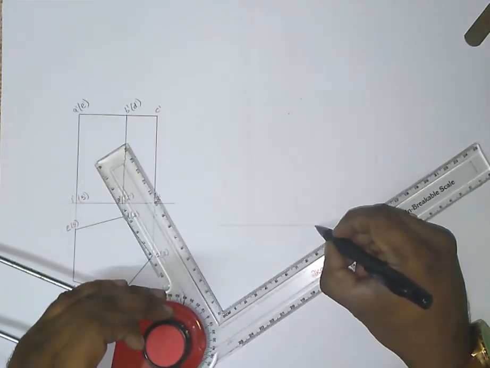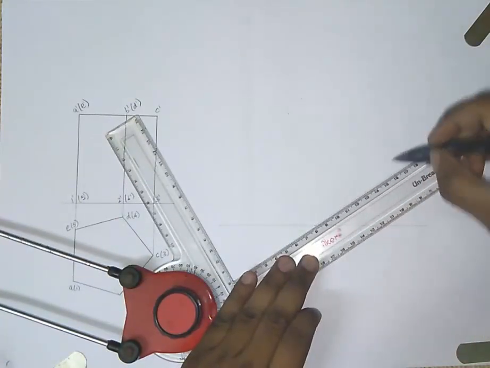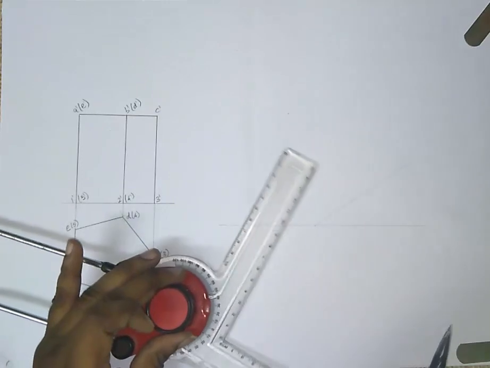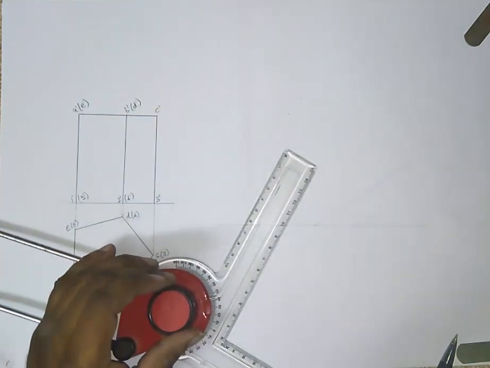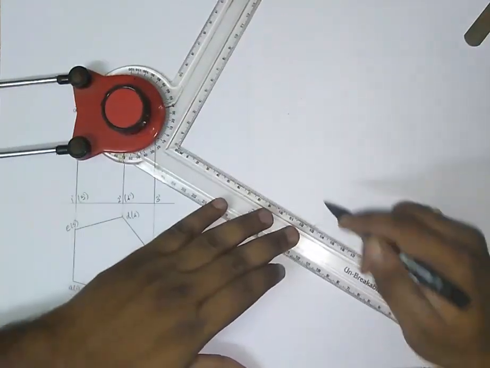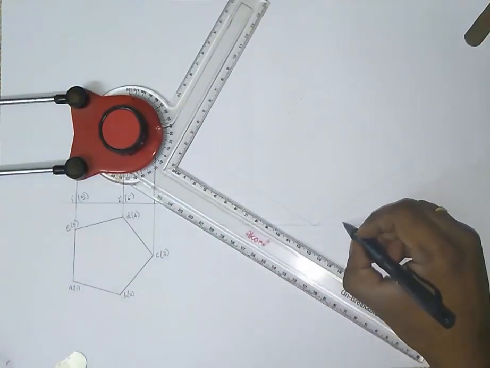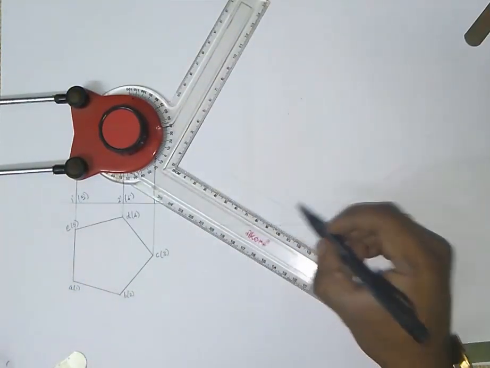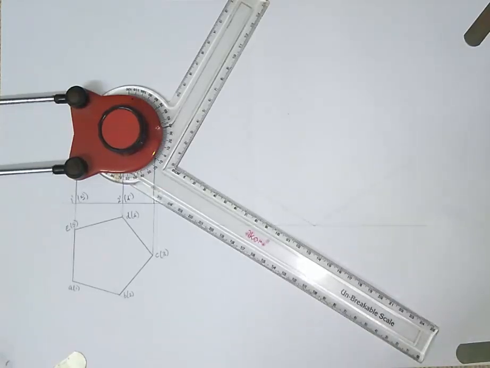From any point here, draw a line like this, and then rotate your drafter to the opposite direction to 30 degree and draw a line like this. Now this line makes an angle of 30 degree, this line makes an angle of 30 degree. So in order to draw the isometric view.